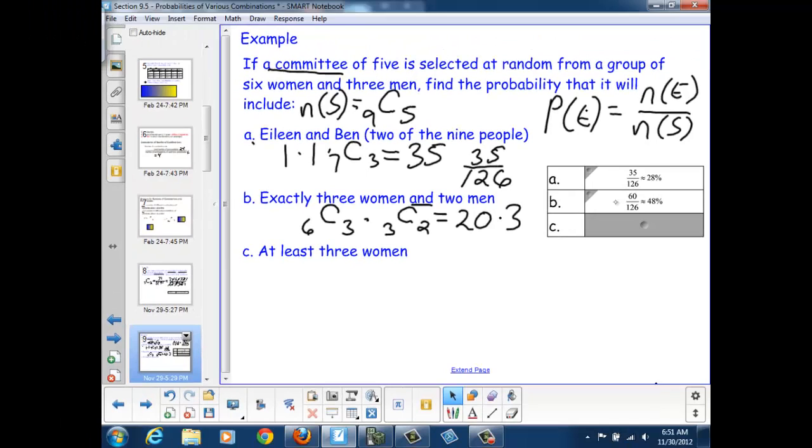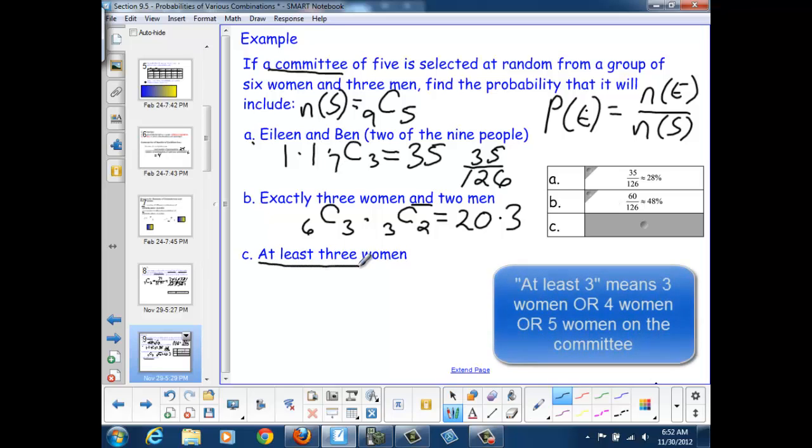For our final example, here I need at least 3 women. At least 3. That wording means I could have 3 women, or 4 women, or 5 women on the committee.